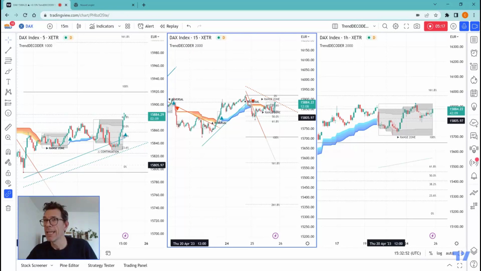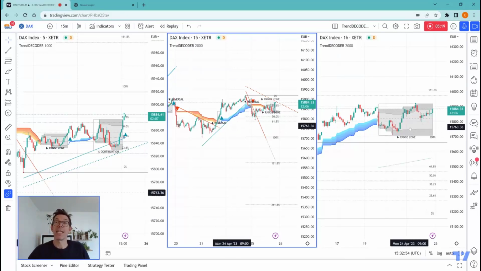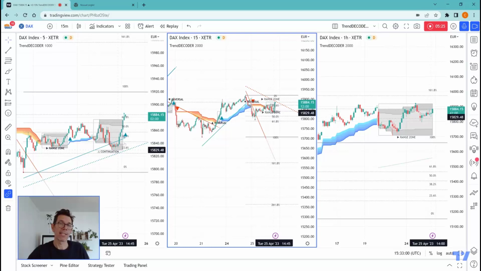So here, a range zone which is in a range, but you've also got ranges here, for example, on the very low time frame, a gray box. We called it a gray box, very bluntly named, because it's gray and undefined.